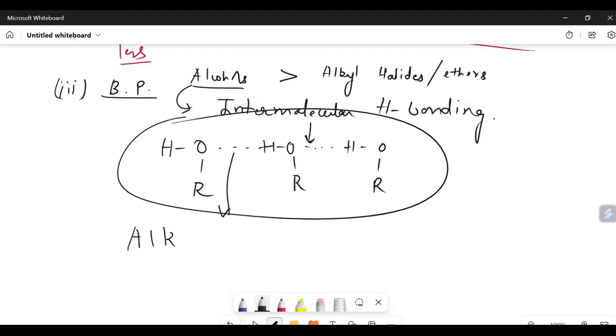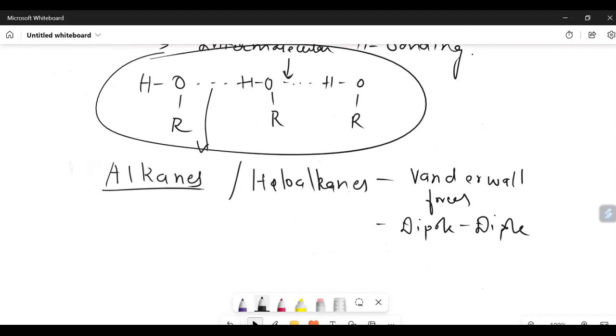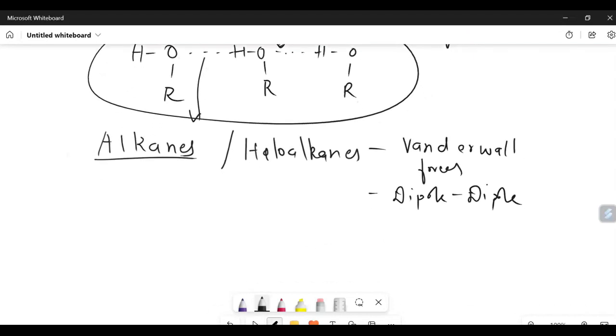Whenever we are talking about alkanes or haloalkanes, there is only van der Waals forces between them, or dipole-dipole interaction, which can be easily broken compared to hydrogen bonding. That's why their boiling point is lesser.